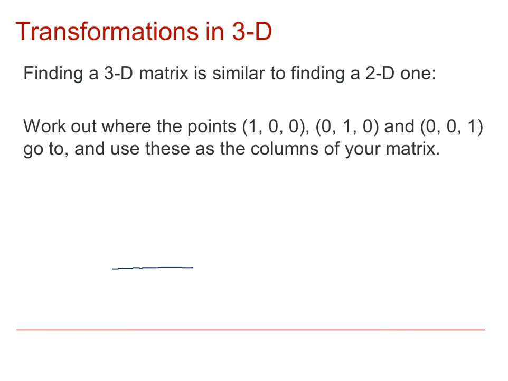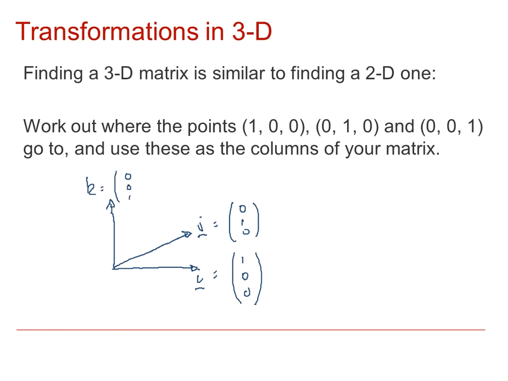So i is a vector of length 1, which is given by 1, 0, 0. j is length 1 along the y-axis, so that's the vector 0, 1, 0, and k, the unit vector along the z-axis, is the vector 0, 0, 1. Put those together, and of course we make up the identity matrix for 3 dimensions. That's i, j and k.